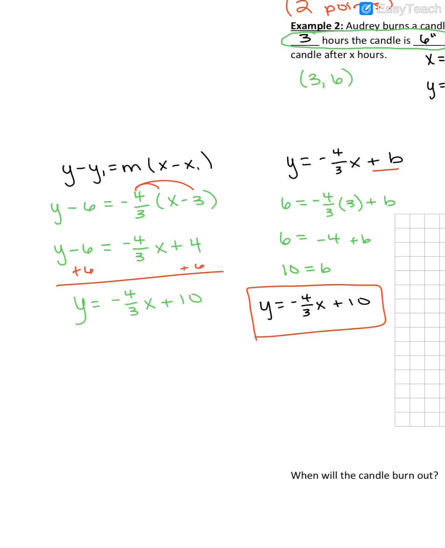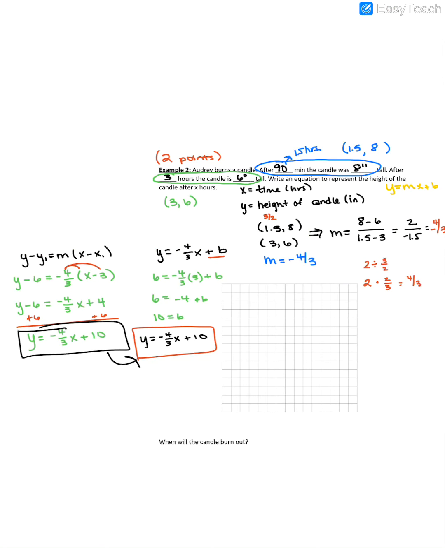And if you notice, you get the exact same equation that you had right there. So it does not matter if you decide to take a point, plug it in, and then find b, or use point slope form, plug in the point and the slope you know, and convert it. Either way, you're going to get your slope intercept form to be y equals negative 4/3 x plus 10.